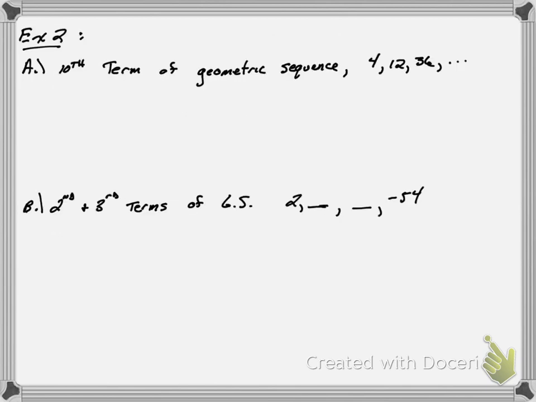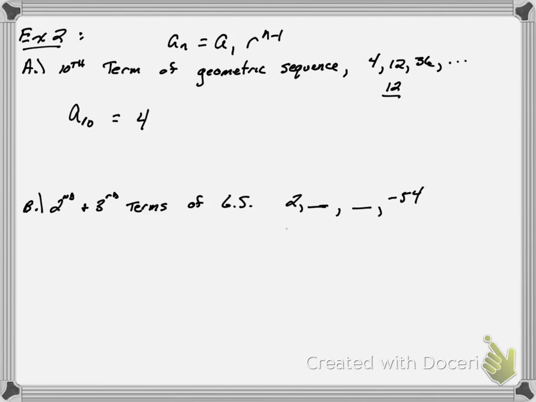Example 2, let's use that formula, a sub n equals a1 times r to the n minus 1. We're going to use that formula to find the 10th term, so we're going to find a sub 10 of the geometric sequence 4, 12, 36. So what's my a1? My a1 is 4. What's my r?